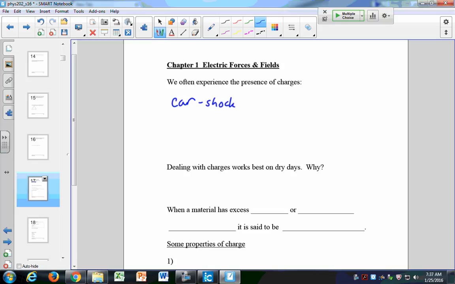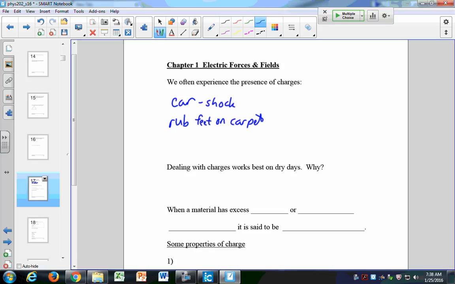So you can rub your feet on the carpet, and you build up this excess of charge on your body. I do this to my wife sometimes. An interesting thing, we'll talk about this when we see the Van de Graaff generator: if you build up a lot of charges on your body and then you go to kiss somebody, no, y'all don't do this because y'all aren't married, but some of you are married, right?